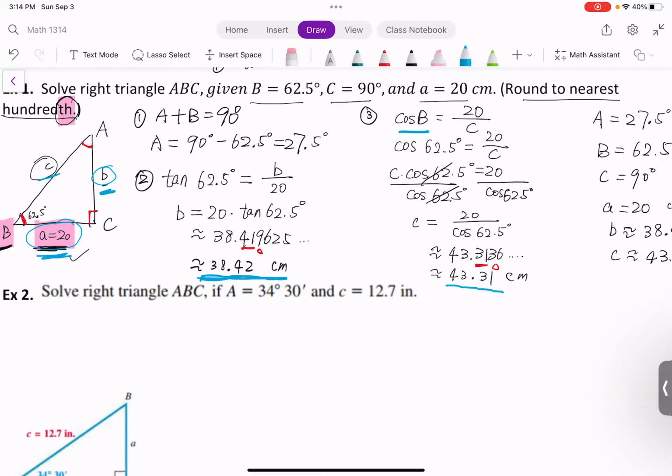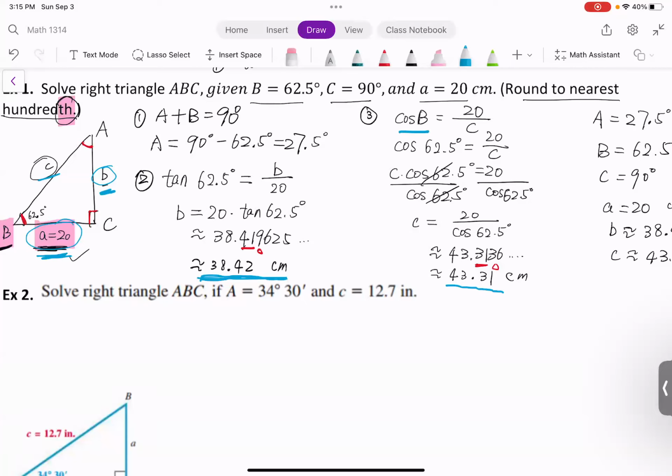So if the question is not that picky, say maybe find the solution and round to the nearest integers or whole numbers, so it doesn't ask you for any decimals, it's okay because it didn't ask for very accurate numbers.